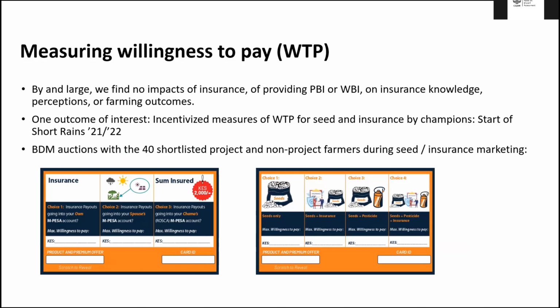And we believe that we haven't really given it a fair chance yet because the project started right around the time of COVID. So in the beginning, implementation was really slow. Insurance payouts have been delayed. So at the time of the midline survey, farmers who were eligible to receive insurance payouts had not yet received any insurance payouts.